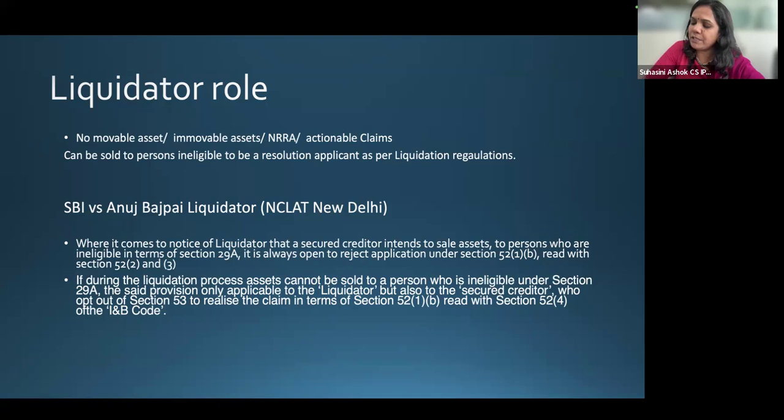Even if a secured creditor wants to opt out of section 43 to realize the claim in terms of another section, that is section 52. So even if the secured creditor wants to be out of the liquidation estate and wants to sell, he cannot sell to ineligible persons who are disqualified under section 29A.